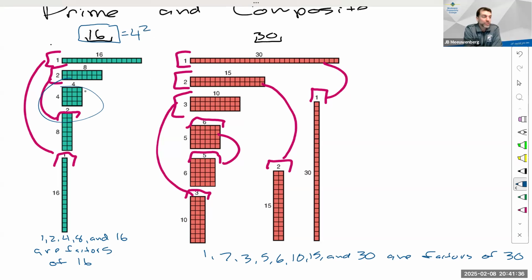And so if a number is a perfect square, it doesn't have a pair of factors, right? There's only one version of it. So this one had 5 drawings, and this one had, what, 8 drawings, okay? So maybe that's something that holds true for perfect square numbers. Maybe they would have an odd number of arrays, right?